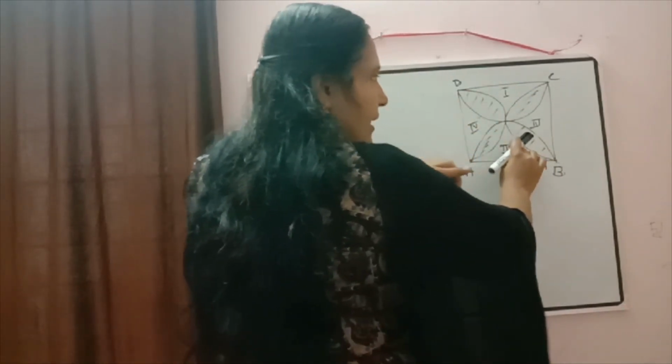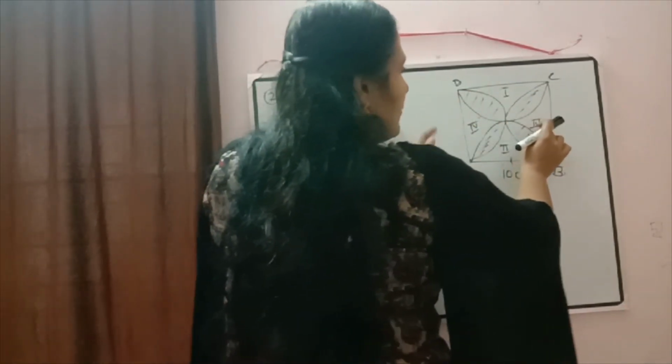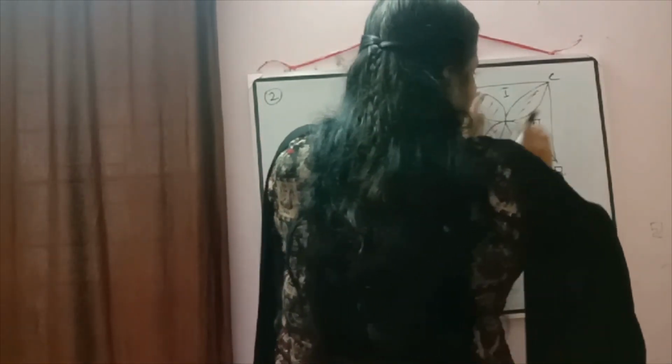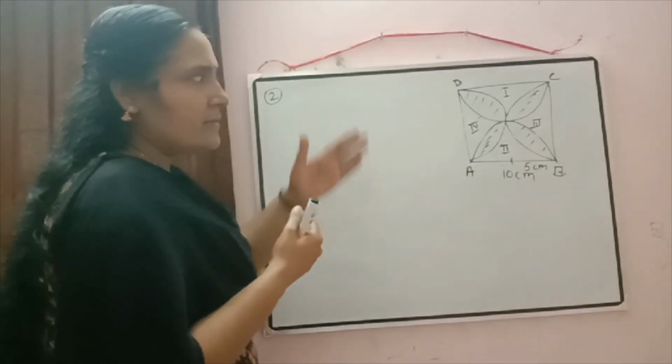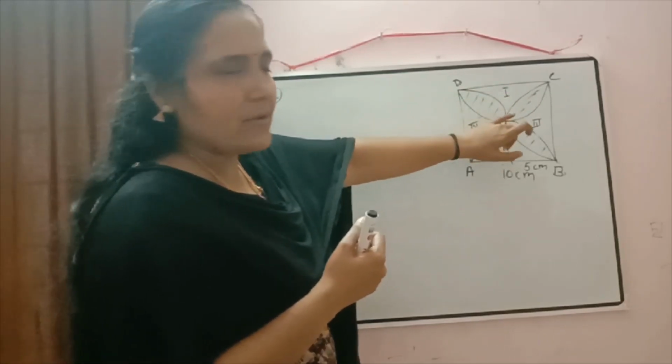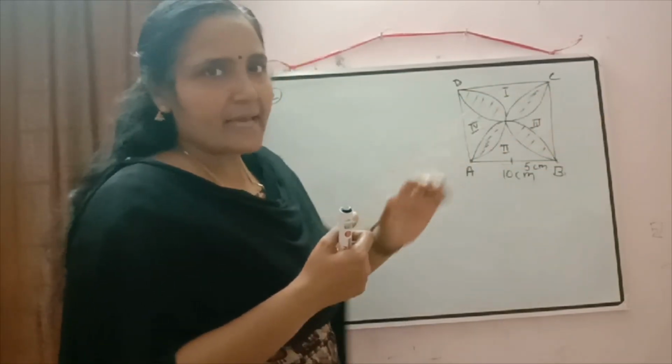In the same way, for area of third and fourth, from the area of square, again we will subtract the area of these two semicircles. And I think those two areas will be the same. So one we will calculate and the remaining we can just write directly.